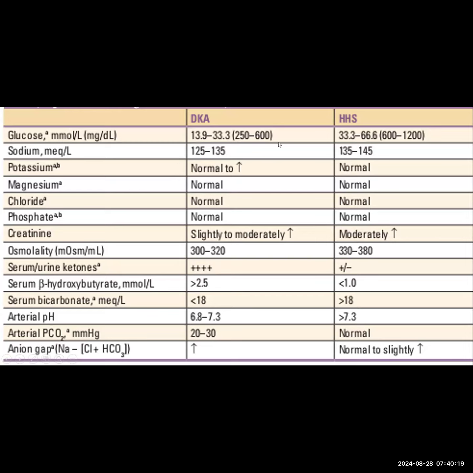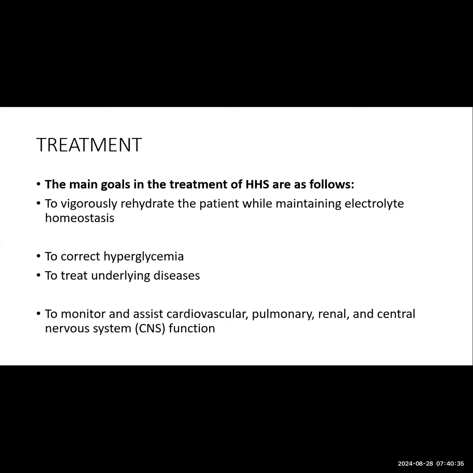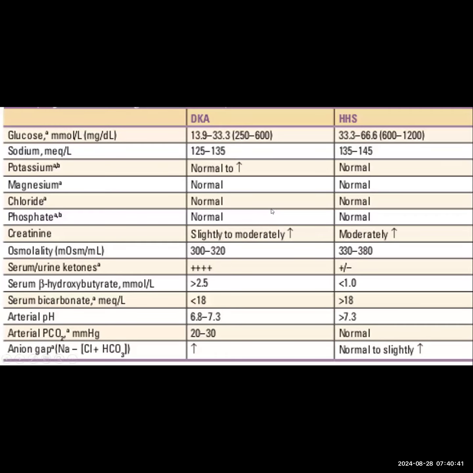This is for DKA. Glucose is usually between 13.9 to 33.3 millimoles per liter, while in HHS it is 33.3 to 66.6 millimoles per liter. That is greater than 600 to about 1,200 milligrams per dL. Sodium is low in DKA, but within normal range in HHS.